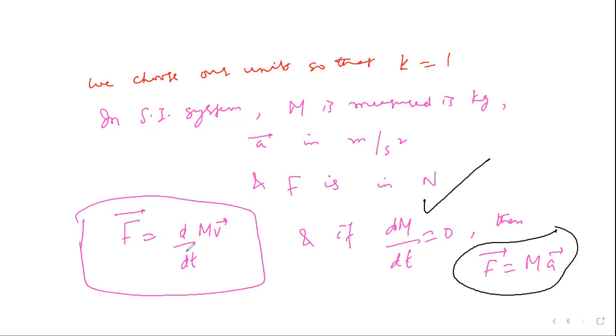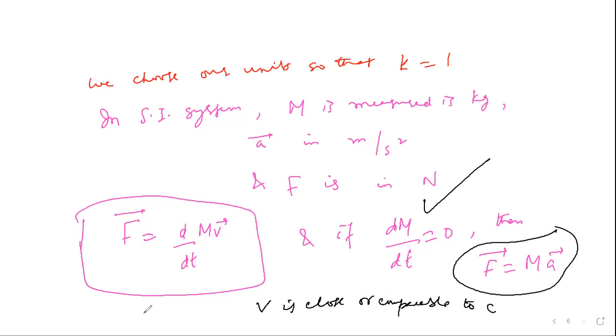So when we have to take into consideration the variation of mass with time, for example when the velocity of the body is comparable to the speed of light c in vacuum, in those situations mass changes with time. So you must write Newton's second law this way. You cannot write Newton's second law as F equals ma, right?